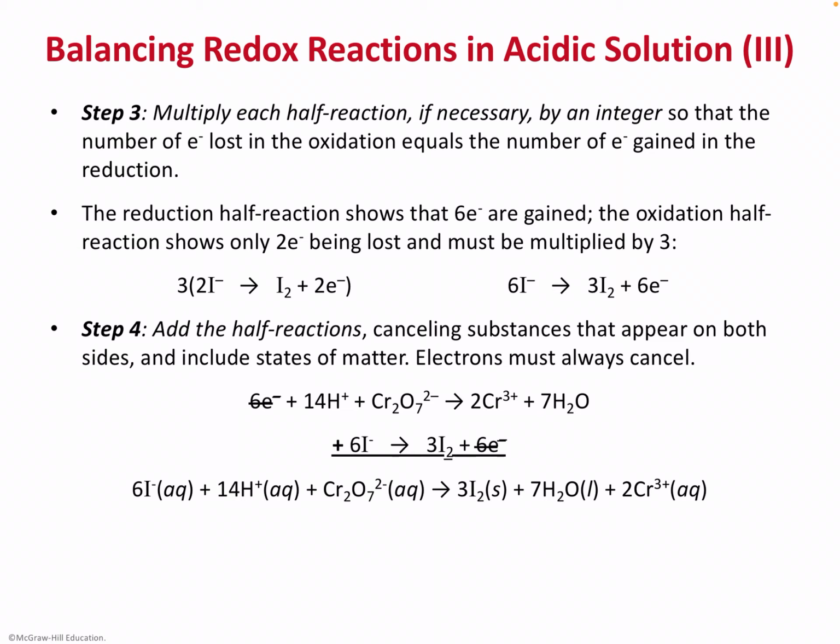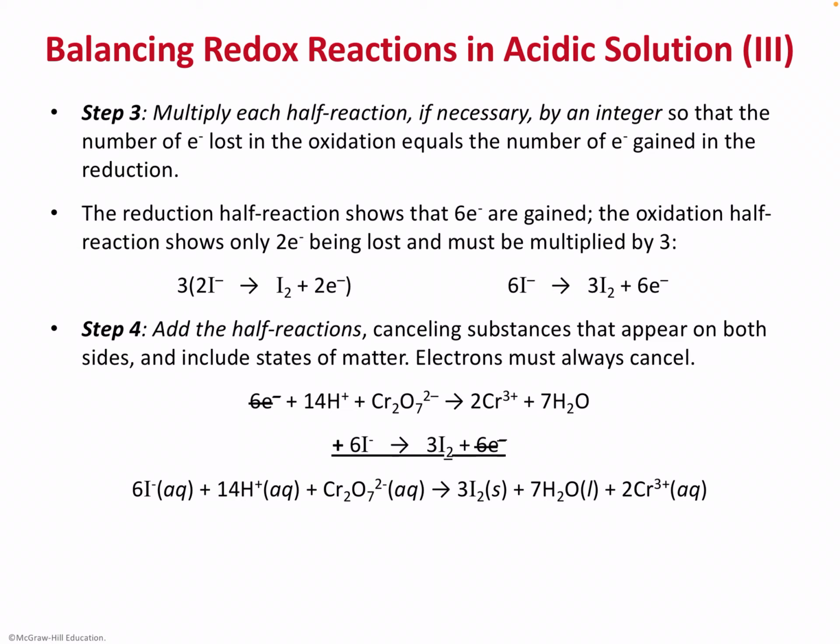So what are the steps? First, separate the skeleton equation into oxidation and reduction half reactions, and then for each one you balance the atoms. You balance oxygen and hydrogen last. After you balance atoms, you balance the electrons, and then you do the same thing for the other one, and then check to see if both sides have the same electrons.